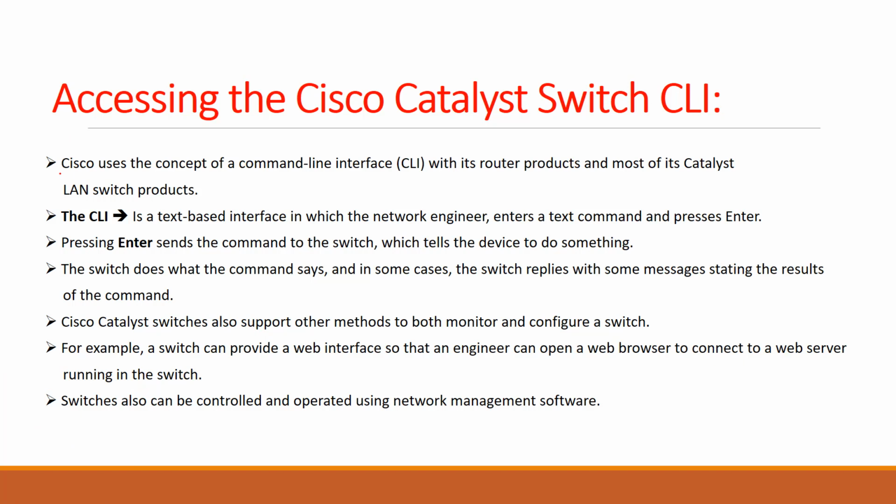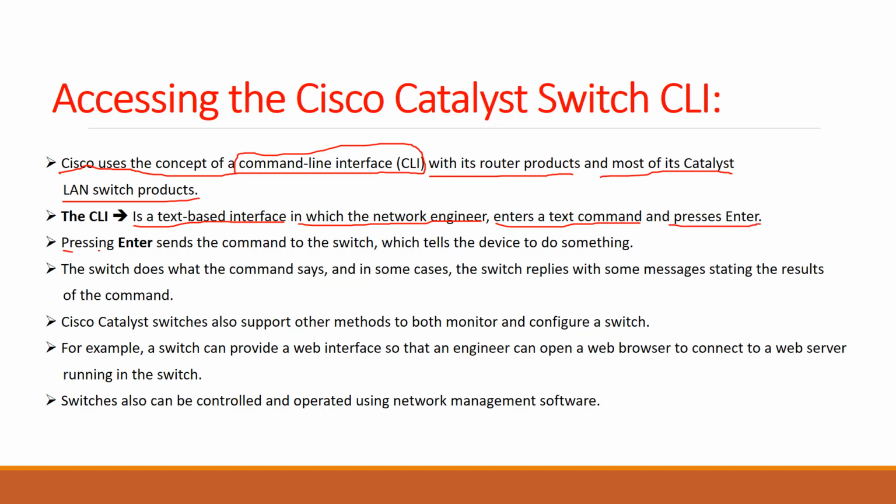First of all, Cisco uses the concept of a command line interface with its router products and most of its Catalyst LAN switch products. So what is the CLI or the command line interface? It is a text-based interface in which the network engineer enters a text command and presses enter.